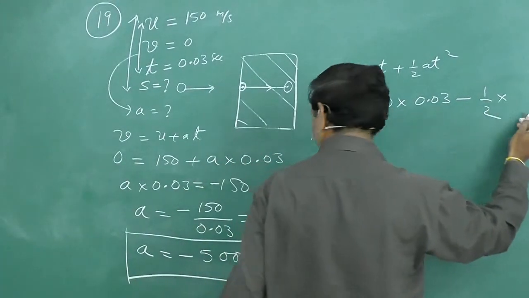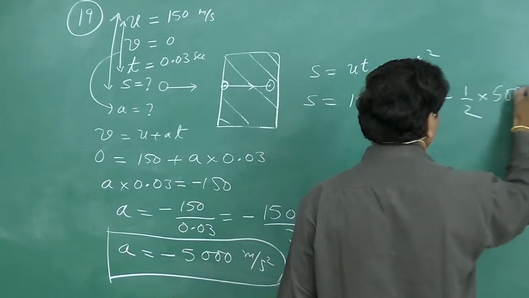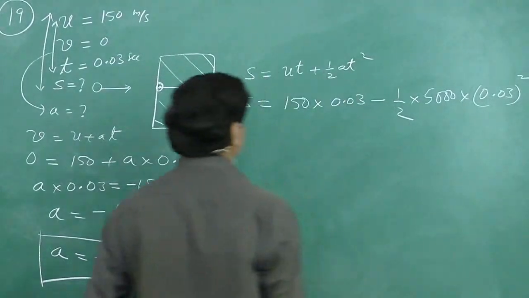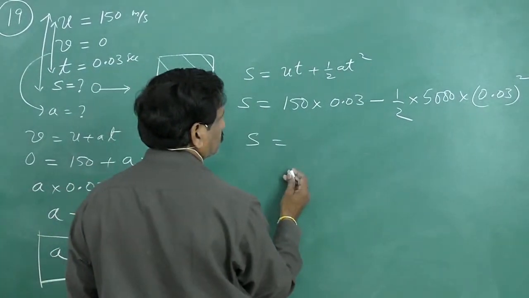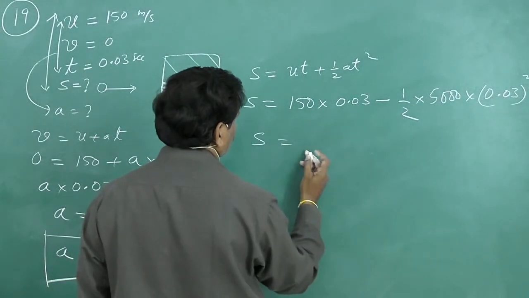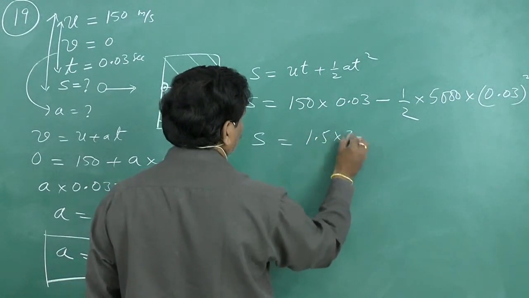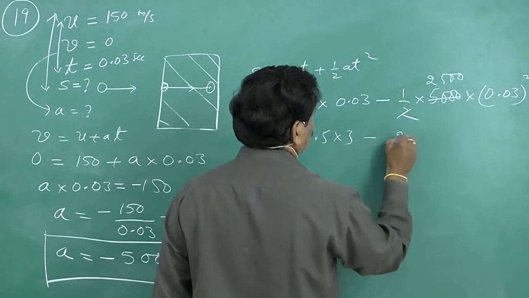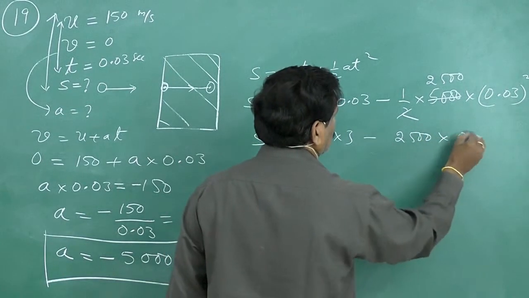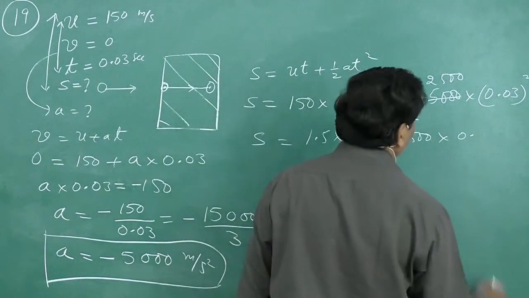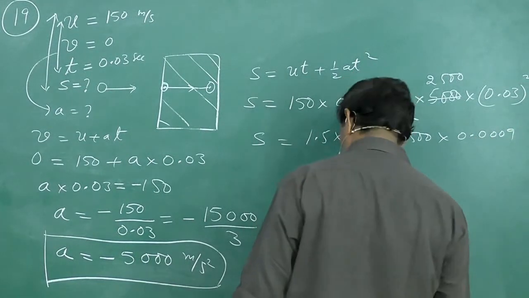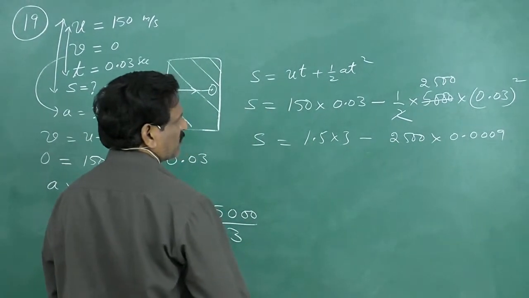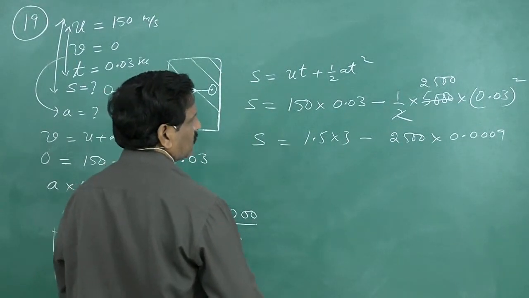So A is equal to minus 5000, so half of 5000 into T square, here T square is 0.03 whole square. So S is equal to 150 into 0.03, so 1.5 into 3, minus this is 2500, so 2500 into 0.03 whole square, that is 3 into 10 power minus 2 whole square, 9 into 10 power minus 4.